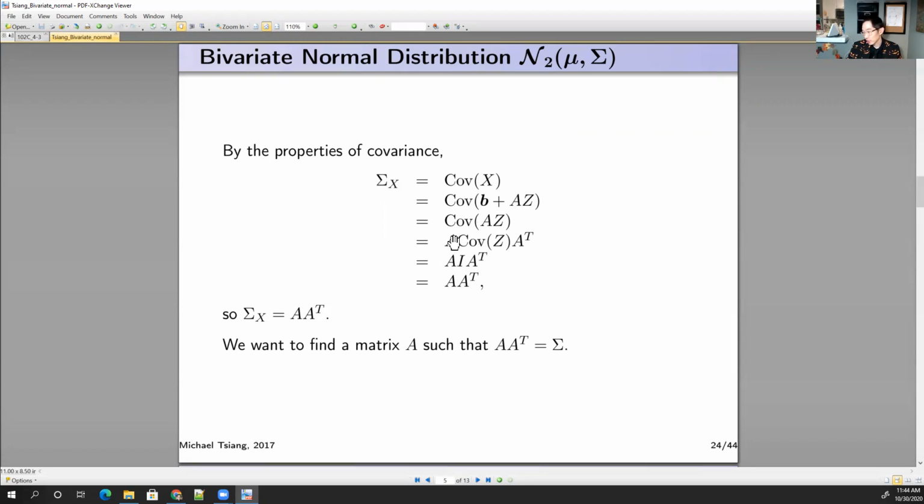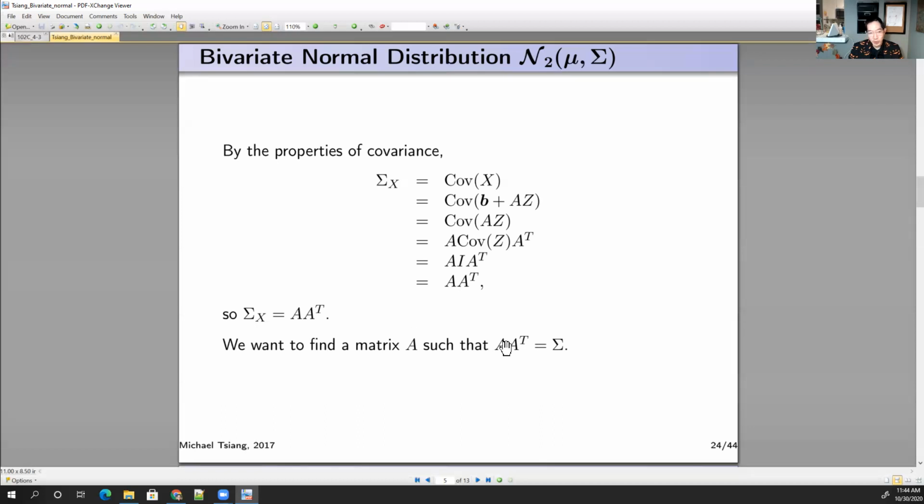So this becomes A times the identity times A transpose, and that's just A A transpose. And we want to set this equal to sigma, the desired covariance matrix. So we want to find a matrix A so that A A transpose equals the desired sigma matrix.